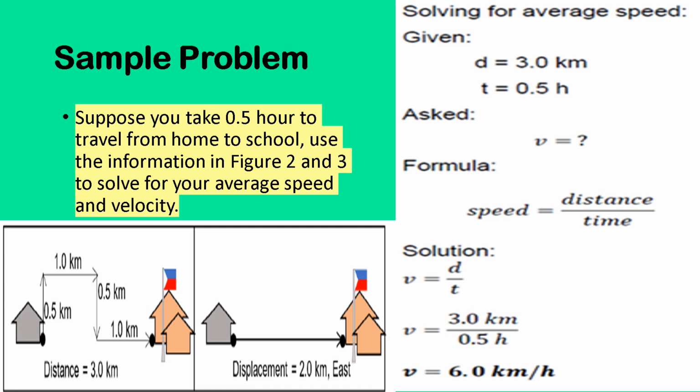You have to identify the given. Distance is equal to 3 kilometers and the time is equal to 0.5 hours. Following the formula of v is equal to d over t, you will have 3.0 kilometers divided by 0.5 hours. The answer for speed is 6.0 kilometers per hour.